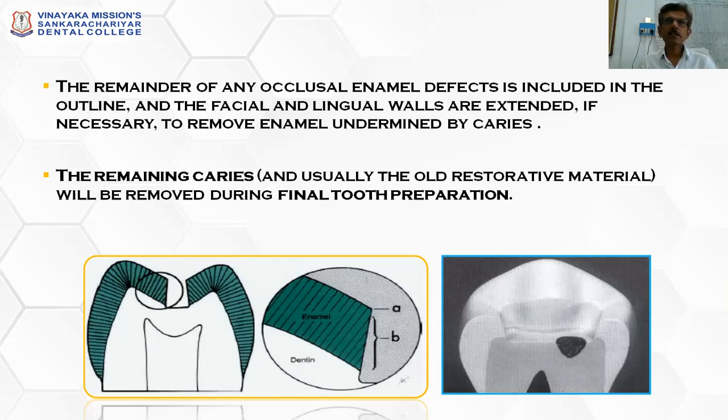You make a cavity and that goes on to include that particular restoration, but don't try to save that particular area, just remove it, so that the new amalgam material that you are going to place does not interact with the old material, thereby affecting the final strength of the restoration.